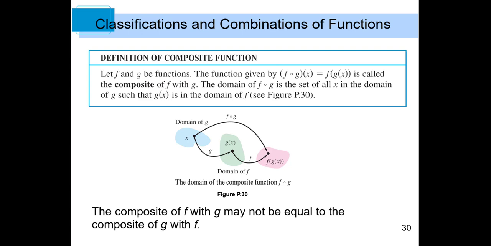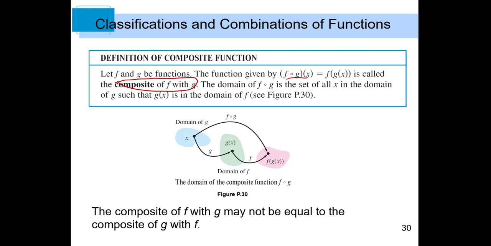The function given by f composite g is f of g of x. It's called the composite of f with g. The domain of f composite g is the set of all x values in the domain of g such that g of x is also in the domain of f. That means the domain of f composite g must satisfy both function f of x and g of x.